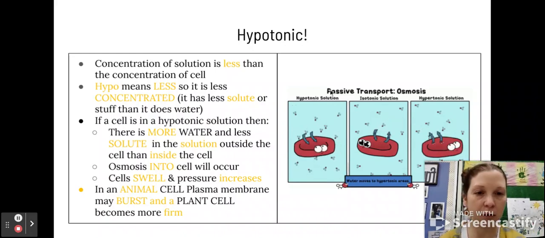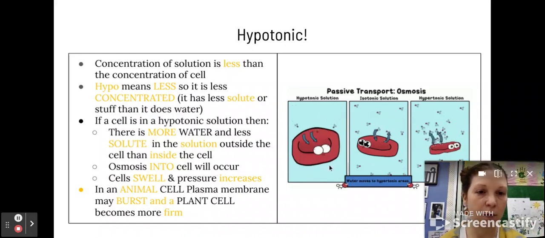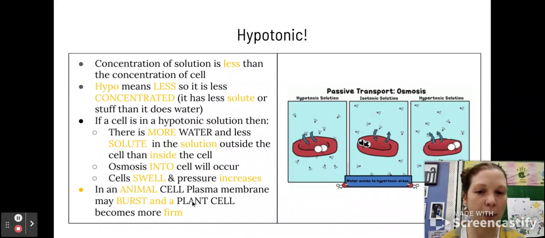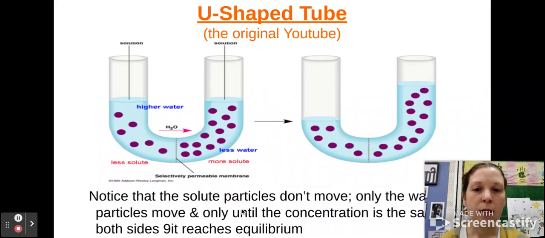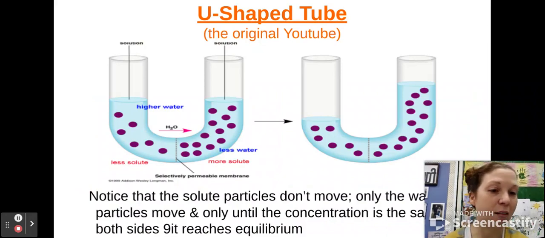And then you can just look at this little GIF here where it compares the types of passive transport for osmosis. This is a tube that we use in the lab a lot to show the movement of osmosis as a process, and it's called a U-tube.